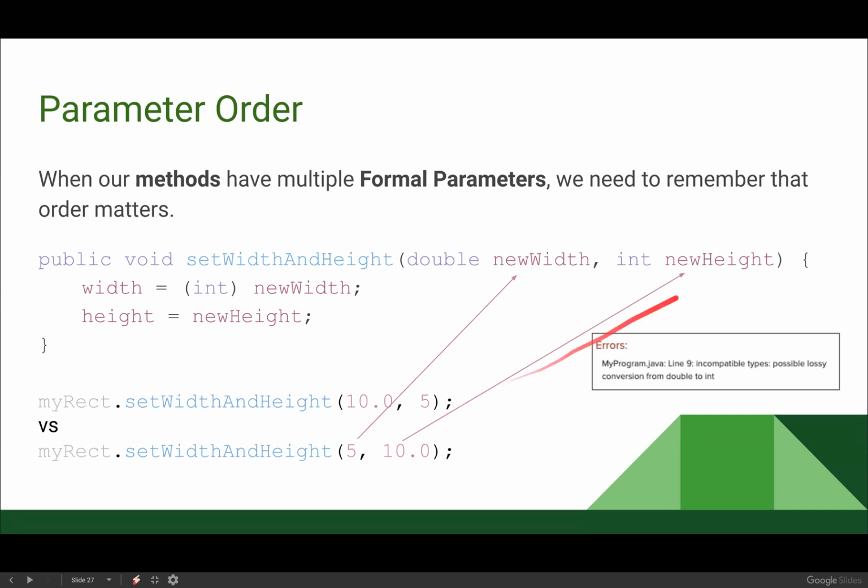But 10.0 cannot be saved into an integer because we will get that lossy conversion or incompatible types error. So we need to make sure that our order is correct for the parameters that we're passing. And I'm typecasting it to an int here just so that the rest of my rectangle program doesn't break, because width was declared as an integer up higher in our rectangle class, if we recall.